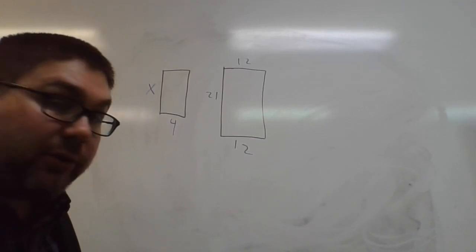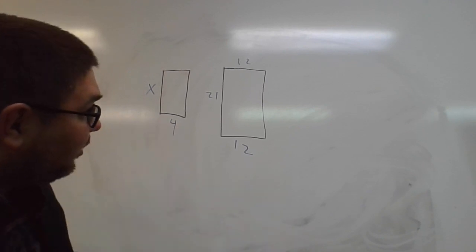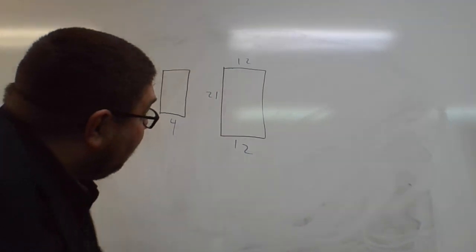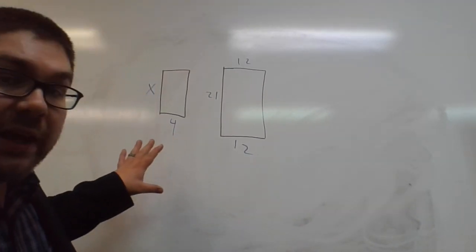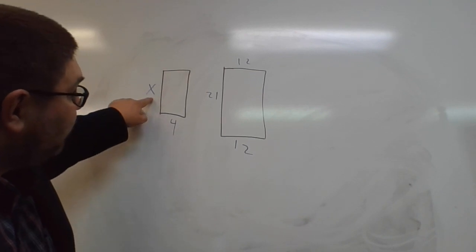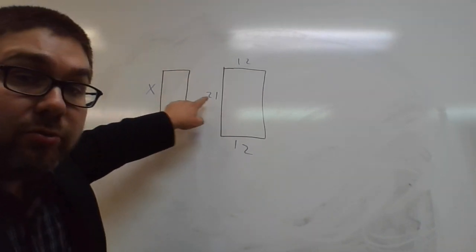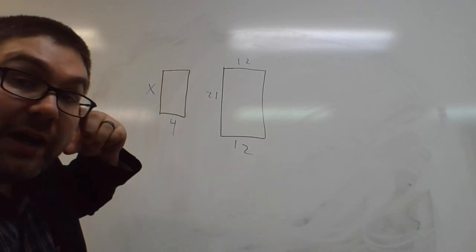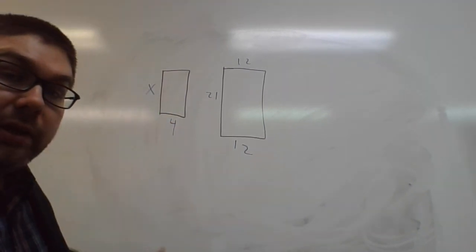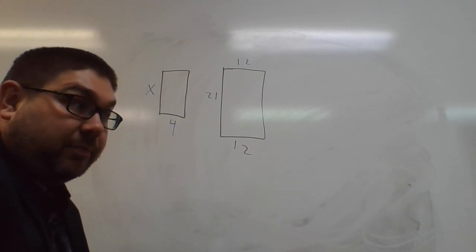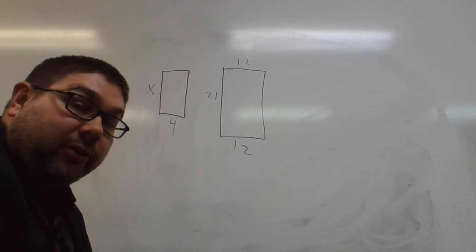Now, how are we going to find a missing side? This right here gives us more than enough information. In the last video, I mentioned finding scale factors, where we find two corresponding sides, divide them and reduce the fraction, and that tells us the scale factor.